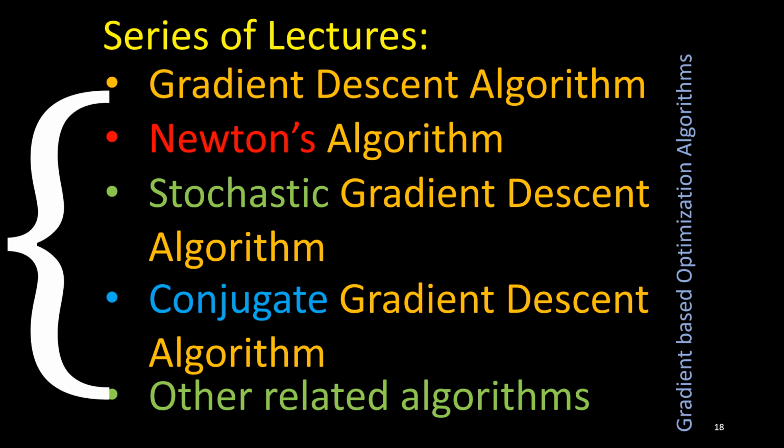You see, all these algorithms are gradient-based optimization algorithms. So we'll discuss one by one, and I hope it will be interesting to understand those variants of gradient descent algorithm.